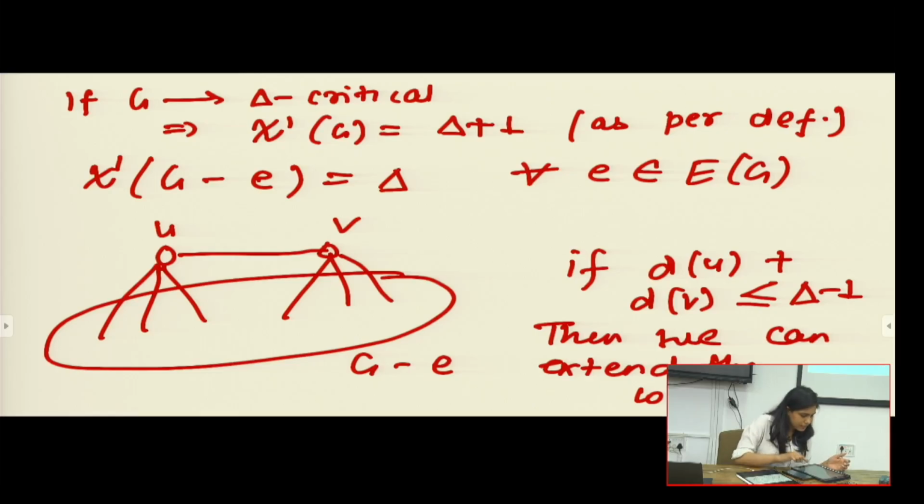And suppose du plus dv is less than or equal to delta minus 1. Then at most delta minus 1 colors will appear around here, so we have one color left and then we can color G with delta colors. Simple.